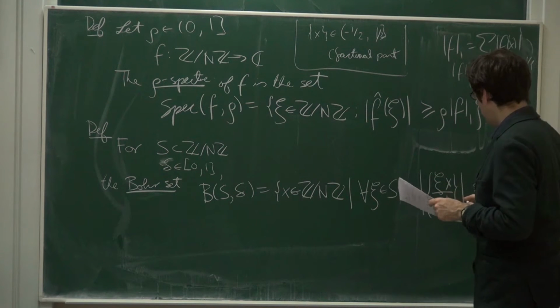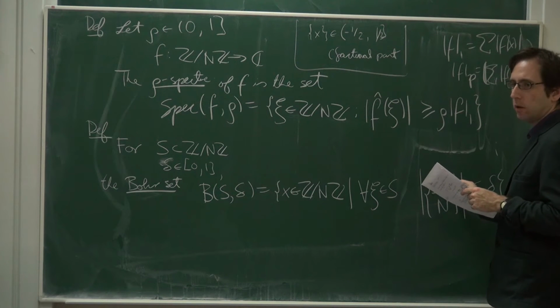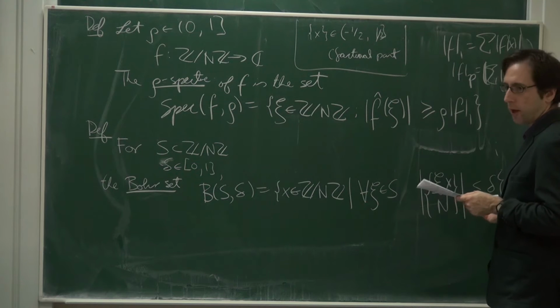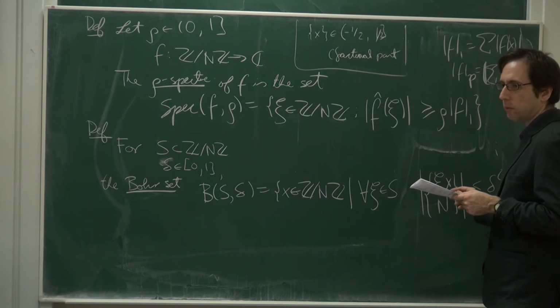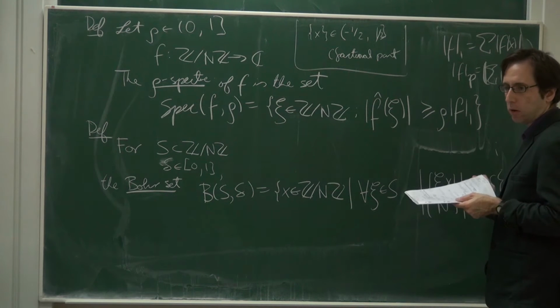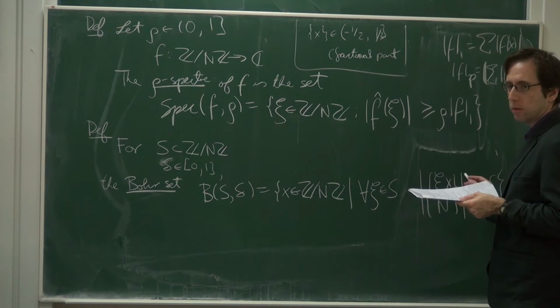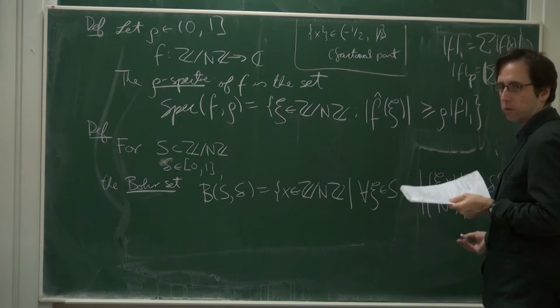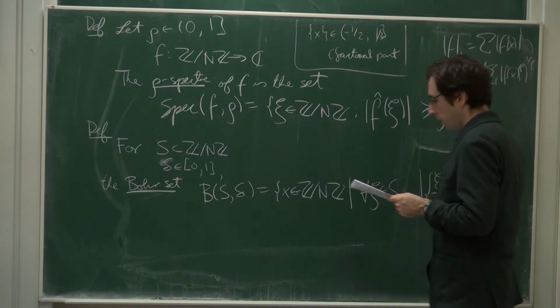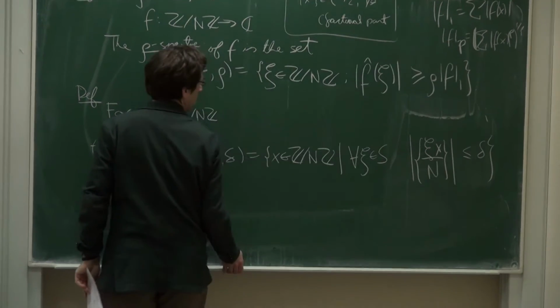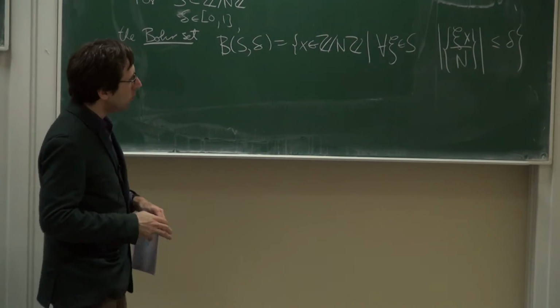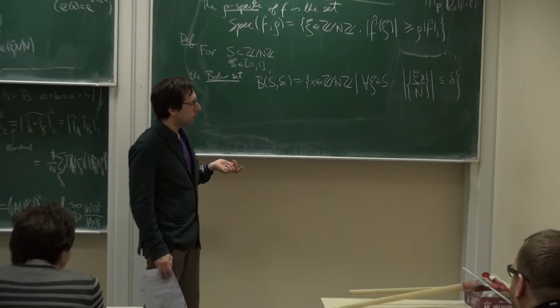It's a set of all x such that psi x is small, modulo N. Or if you wish, this could be stated alternatively as e of psi x over N being close to 1. Same thing. Very well. So what is a Bohr set good for?